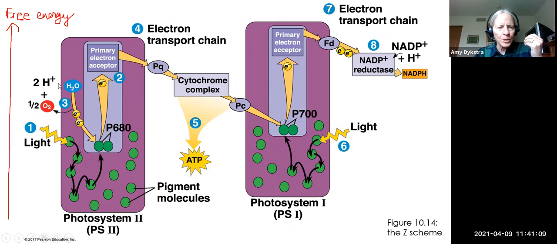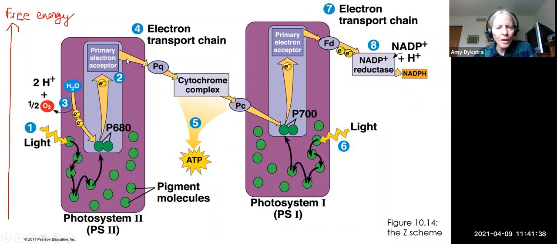As the water is split, this releases hydrogens and oxygens. The oxygen immediately combines with another oxygen to make O2, and it diffuses out of the chloroplast and out of the plant cell and out the stomata and into the air. This is the source of oxygen for us to breathe. The hydrogens are retained inside the thylakoid space.